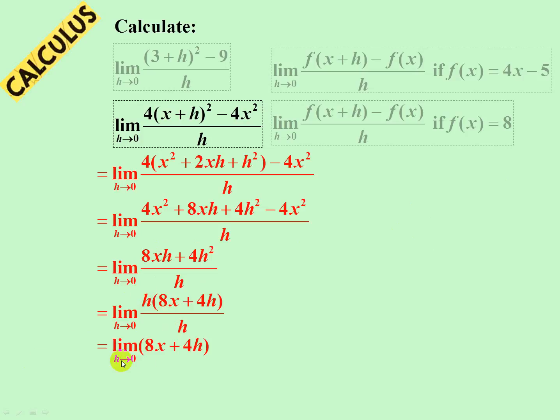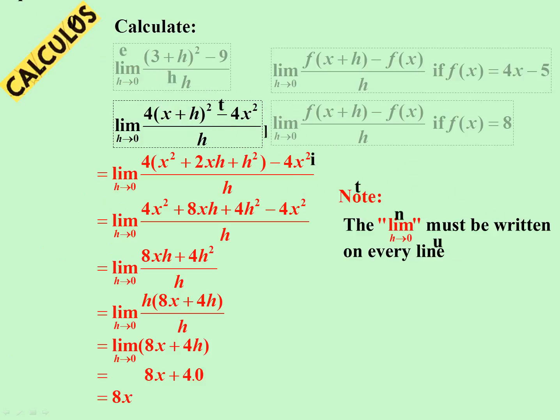So we're left with just the limit as h tends to 0 of 8x plus 4h. Notice, limit on every line. Now, we're not going to write limit on the next line because we're going to substitute the 0 for h. I cannot remind you enough about having to write limit on every line until the substitution.